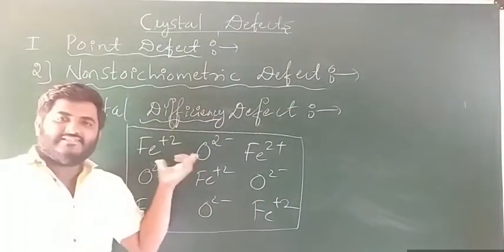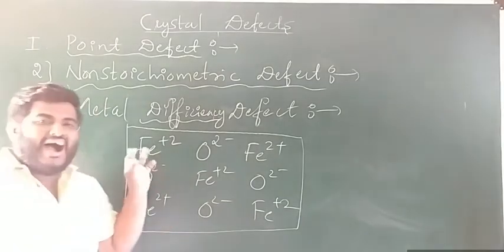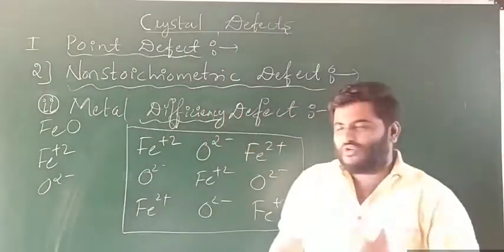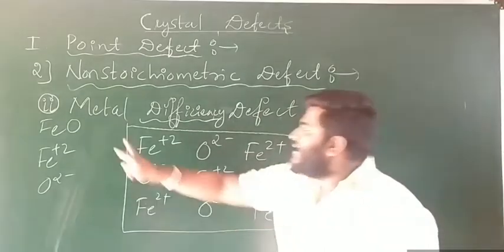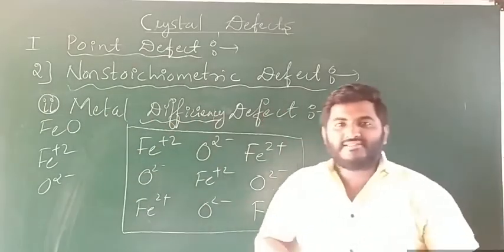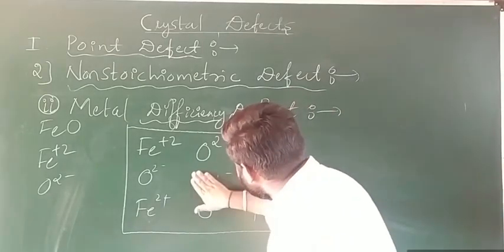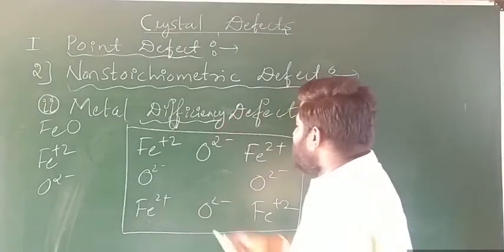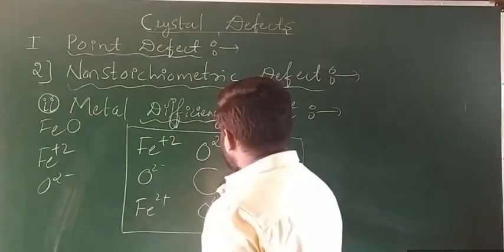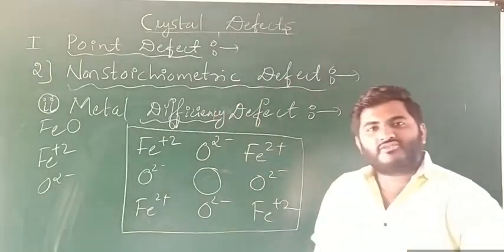See here guys, this is the crystal structure of iron oxide: Fe2+ O2-, Fe2+ O2-. Metal deficiency defect means some of the metal atoms are missing. I will just remove this. Fe2+ is missing here. It is empty.